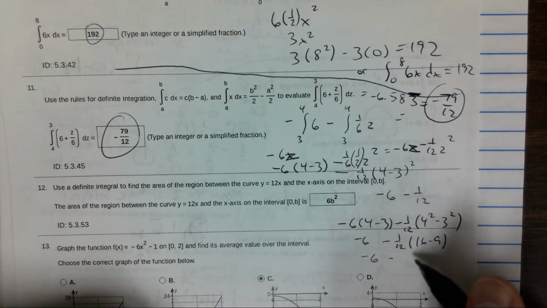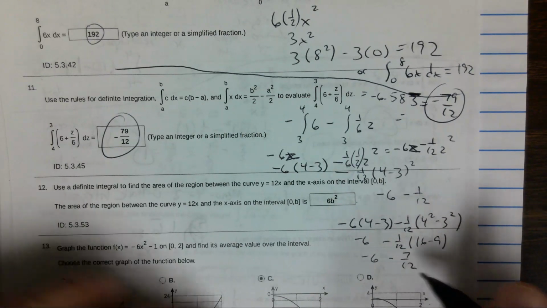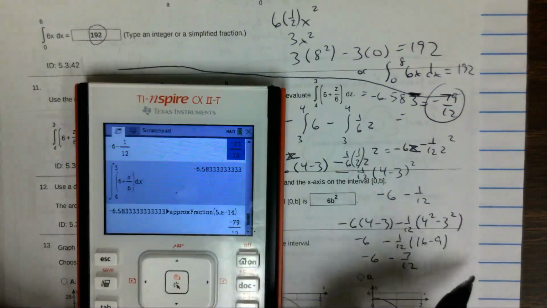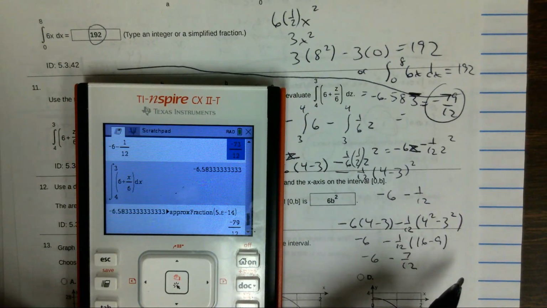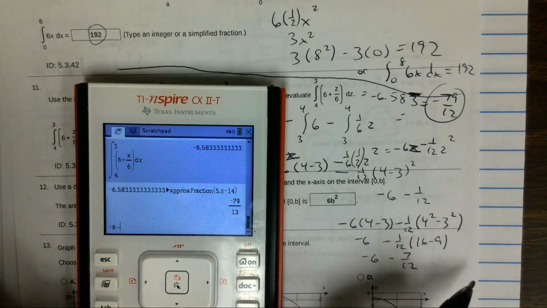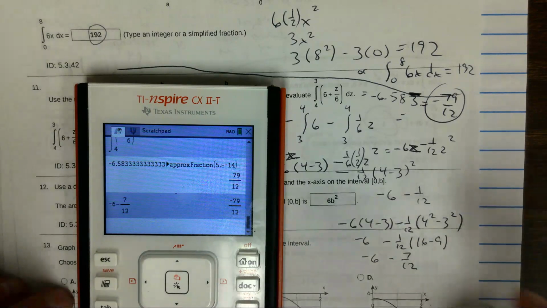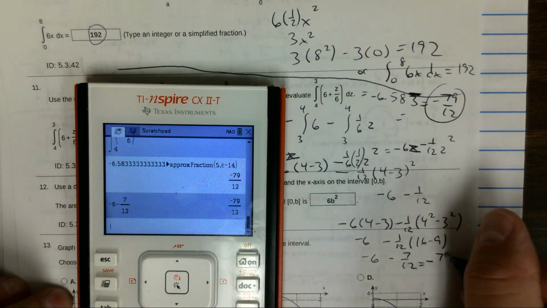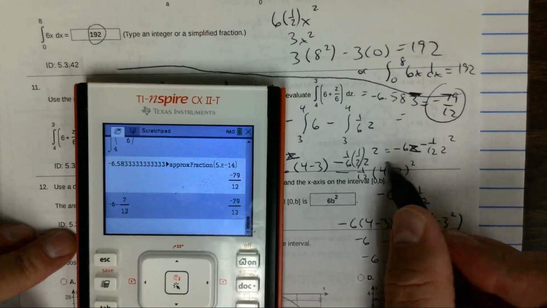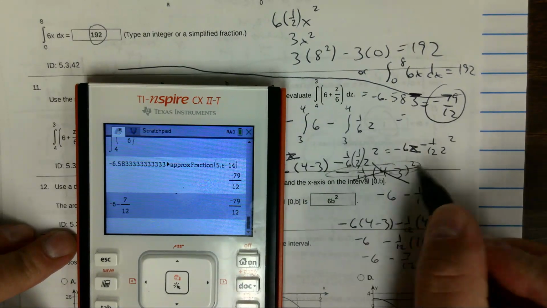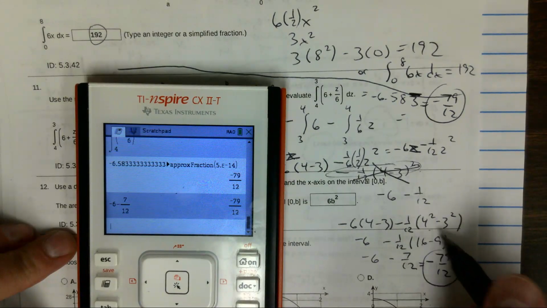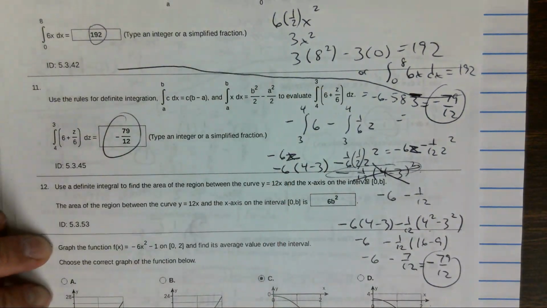So negative 6 minus 7/12. Negative 6 minus 7/12 is the right answer. So basically, my mistake was right here. You can't do 4 minus 3 and then square it. You have to do 4 squared minus 3 squared.